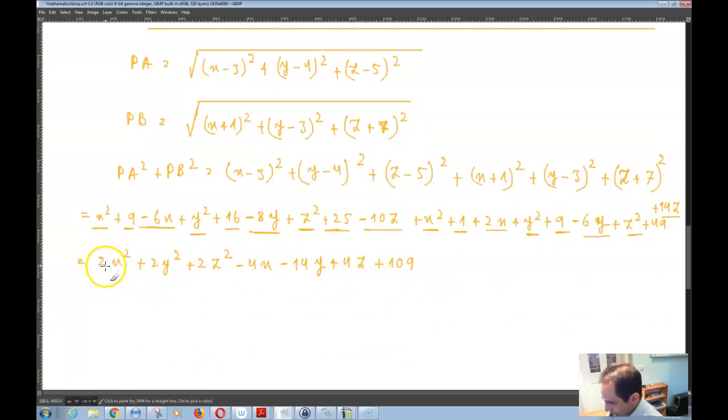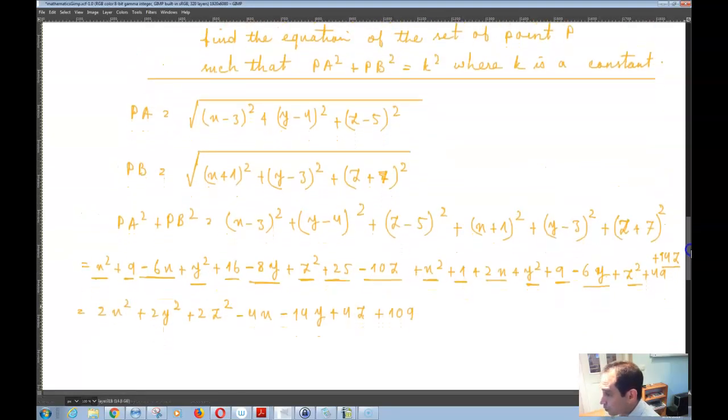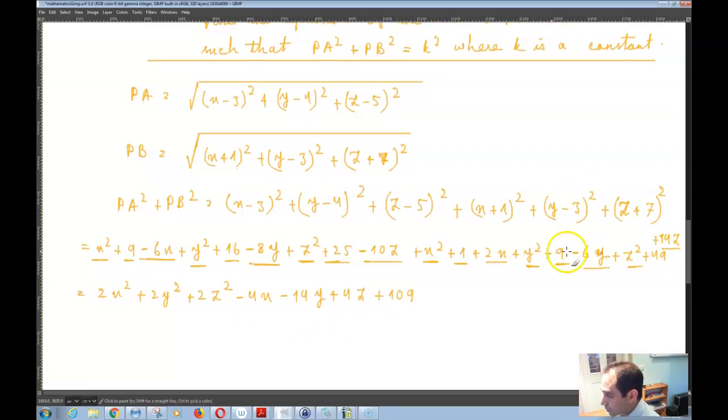That means that what I can do is basically this is PA squared plus PB squared. Now, how do I rewrite this equation?